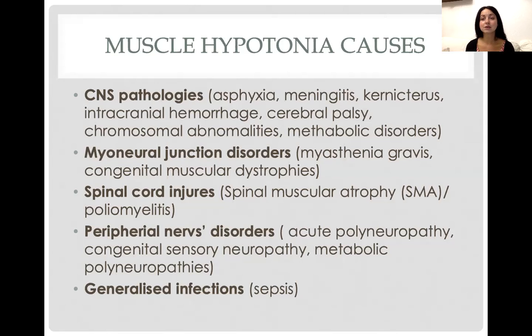Chromosomal abnormalities. The most probable are the trisomies, like Down syndrome, for example. The second important group of disorders resulting in muscle hypotonia is myoneural junction disorders.